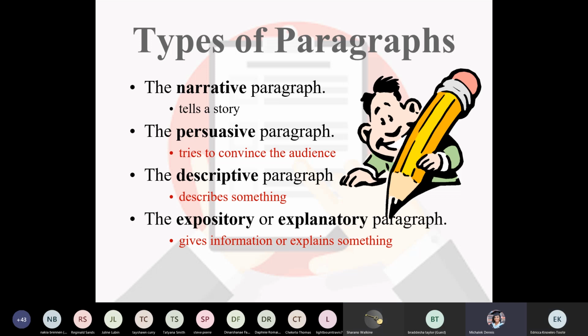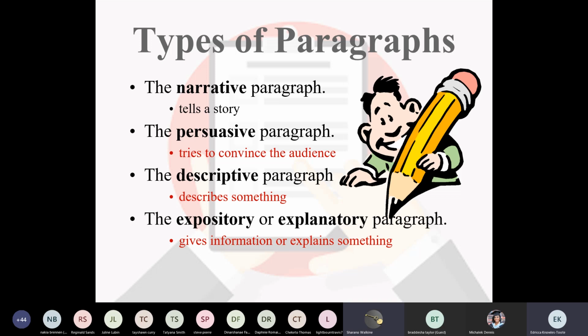Okay. Ariana, tells a story. Okay. So I see you're bringing back your prior knowledge, which you learned in junior high. The narrative does tell a story.